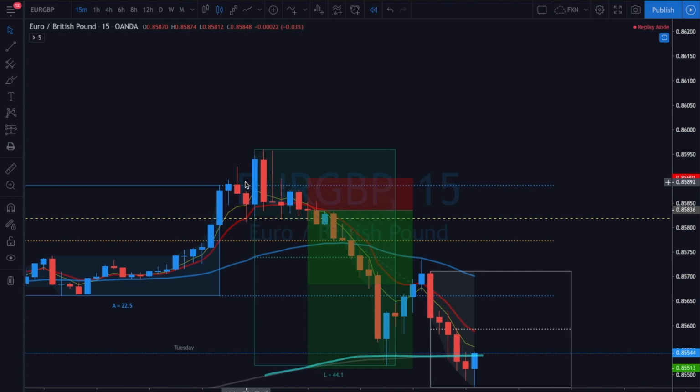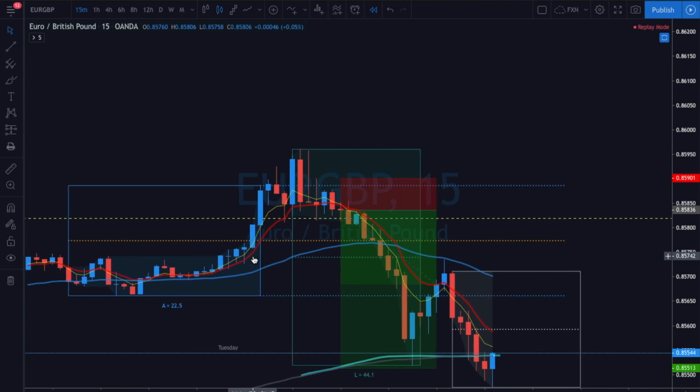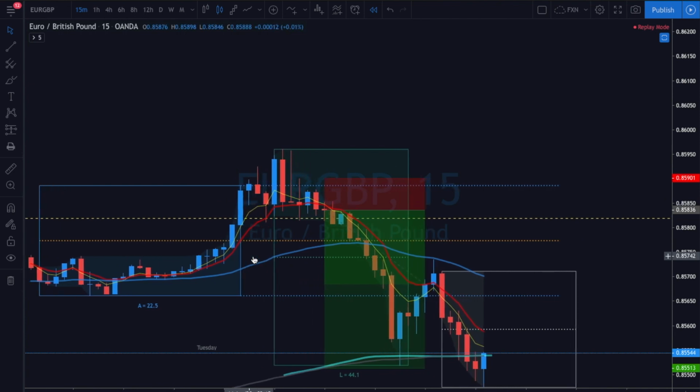If they didn't have enough people trapped, essentially this would be a type 1, right, because they would need to go higher. But because they have enough people trapped, that's what creates a type 2, and that's what creates it at the top of the range or at the bottom of the range.